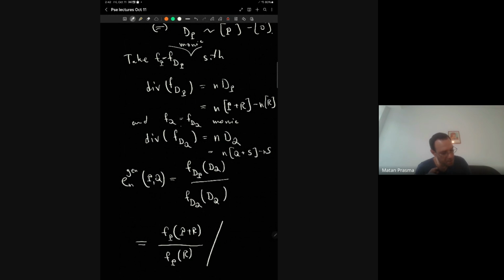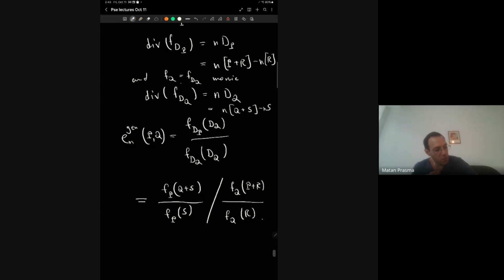And all this I divide by f_Q at P+R divided by f_Q at R. Okay, so this is what we need to calculate.